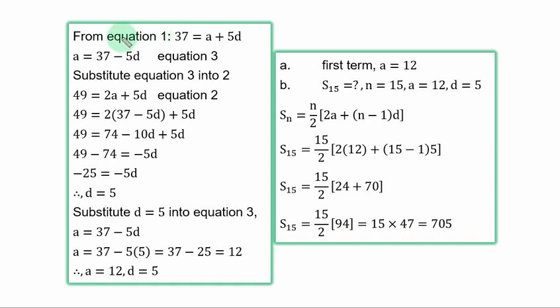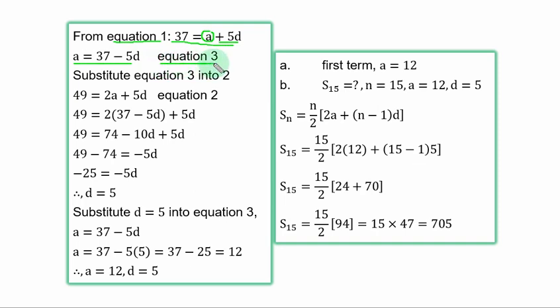So I'm going by equation 1. This is equation 1. I want to make variable a the subject. I have to transfer plus 5d to the left. It becomes minus 5d. So a is equal to 37 minus 5d. Let's call that equation 3.